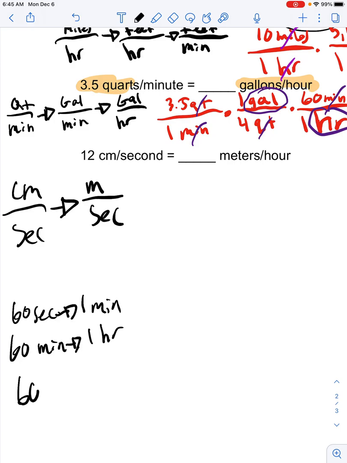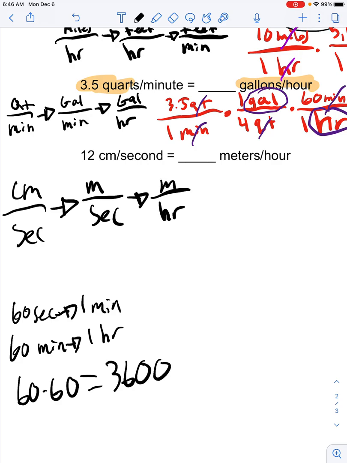So if I want to go from seconds to hours, I need to do 60 times 60. So there are going to be 3,600 seconds in 1 hour. So I can go meters to hours if I think about it. Otherwise, I'd have to go seconds to minutes, minutes to hours.